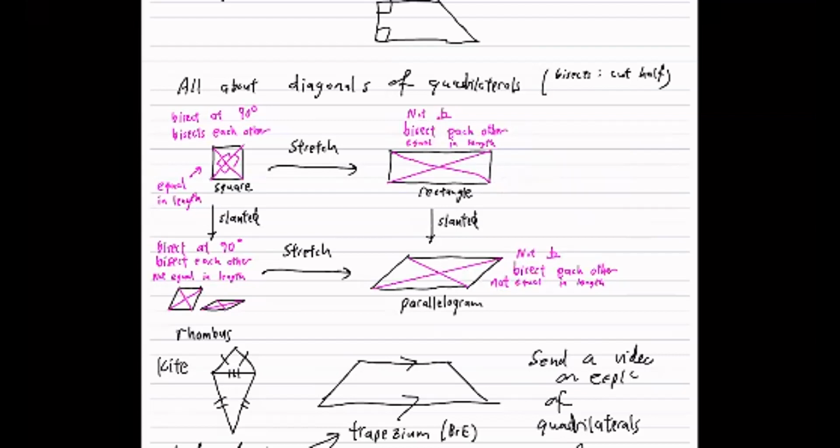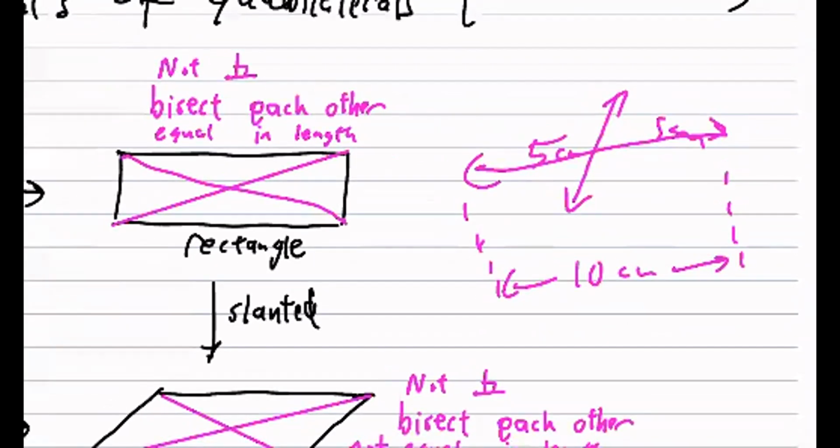What else? When I say bisect each other, I mean, for example, if this here is 10 cm, it bisects it, so it becomes 5 cm, 5 cm. Bisect doesn't mean you have to bisect at 90 degrees. You can be slanted like this. Sorry, my handwriting is quite messy.